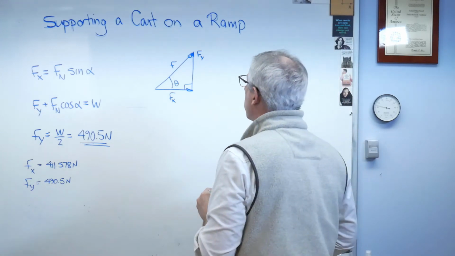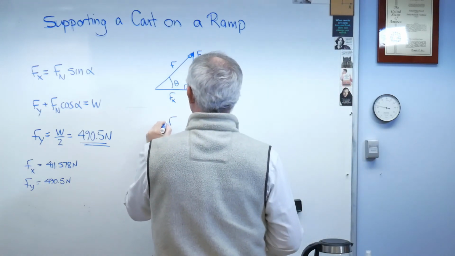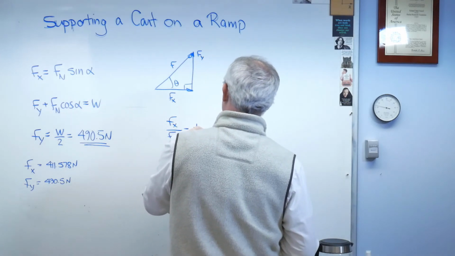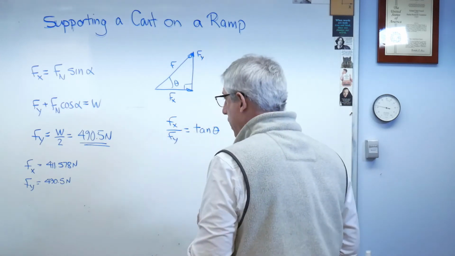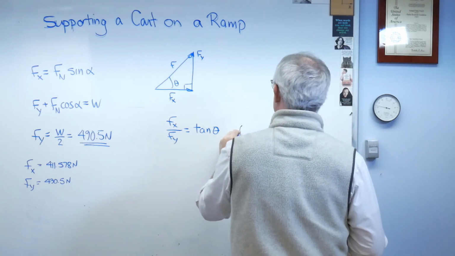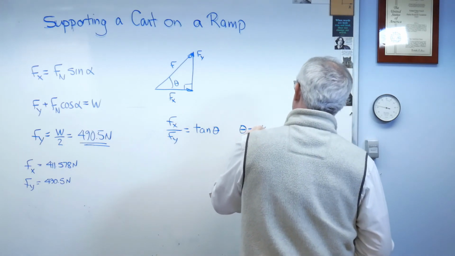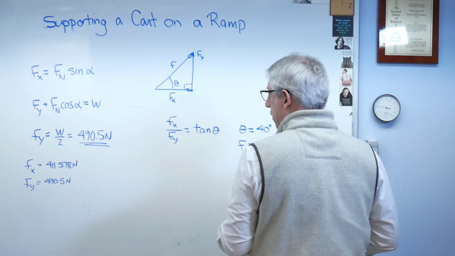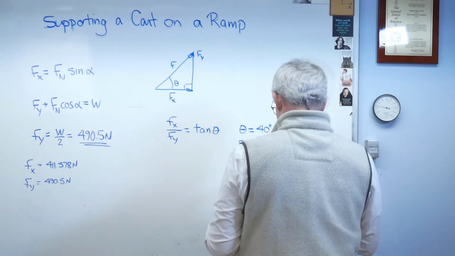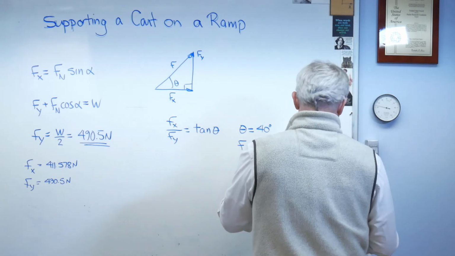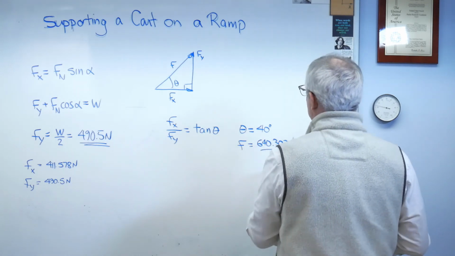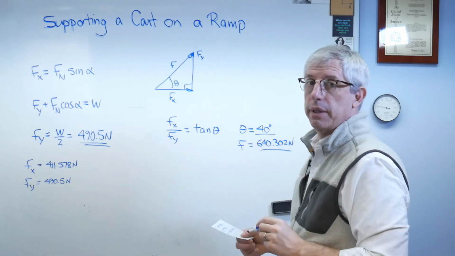If I work this out, Fx over Fy is tangent theta. Well, you solve that, and you get theta equals 40 degrees. And if you use the Pythagorean theorem, you wind up with 640.302 newtons. Right, so there we go.